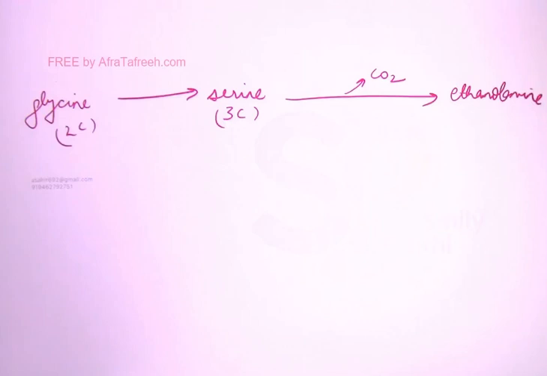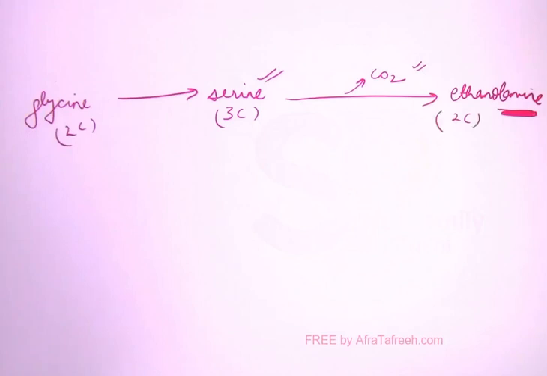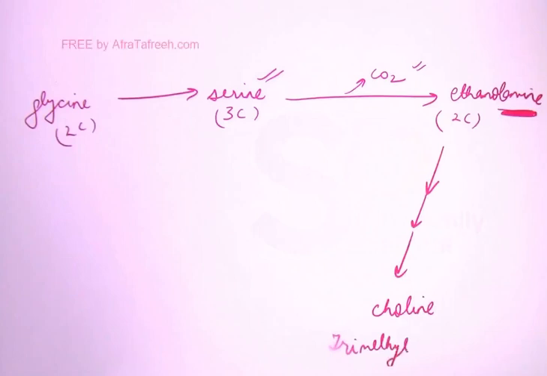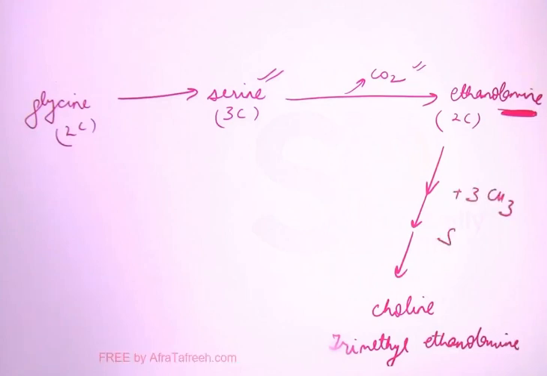You know that from an amino acid, if the acid group is removed, we are left with an amine, and the name here is ethanolamine. Ethanolamine is 2-carbon because 1 carbon is removed here, right? Now ethanolamine will be converted to choline. Choline is nothing but trimethyl-ethanolamine, that is, 3 methyl groups are added with the help of SAM, S-adenosylmethionine.